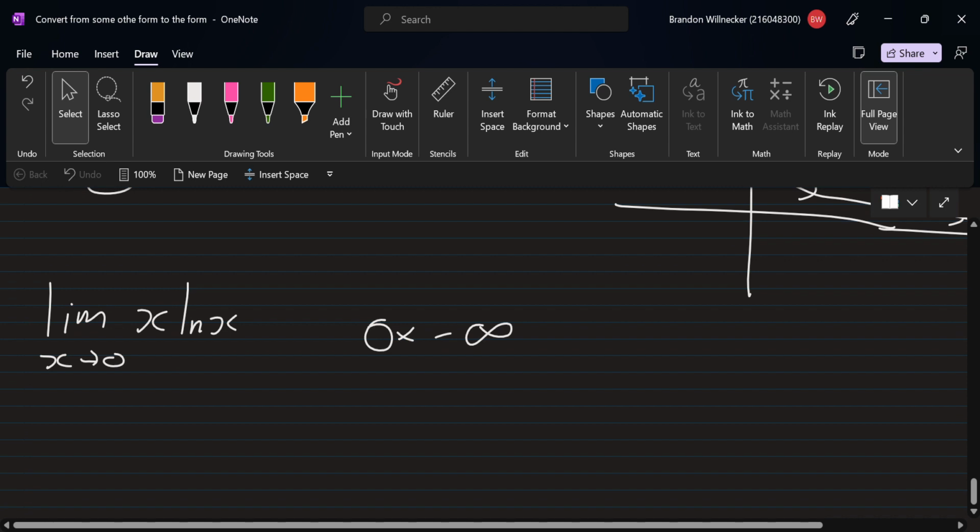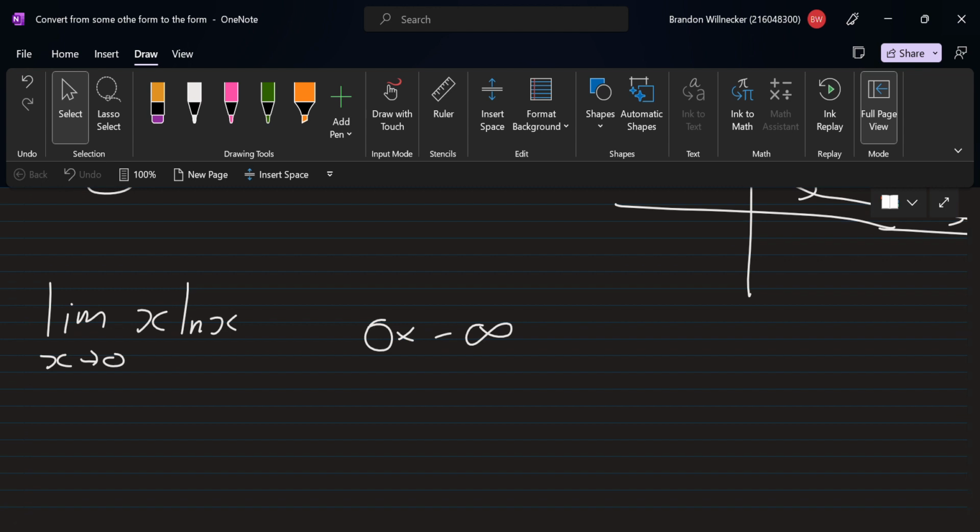Okay, so what we need to do is rewrite this in the form 0 over 0 or infinity over infinity. Now, since the natural log is already going to infinity, let's leave it like that. Let's change the other term. So we want something like infinity over infinity, right? Because we're going to leave the natural log alone. You could write it in the other form.